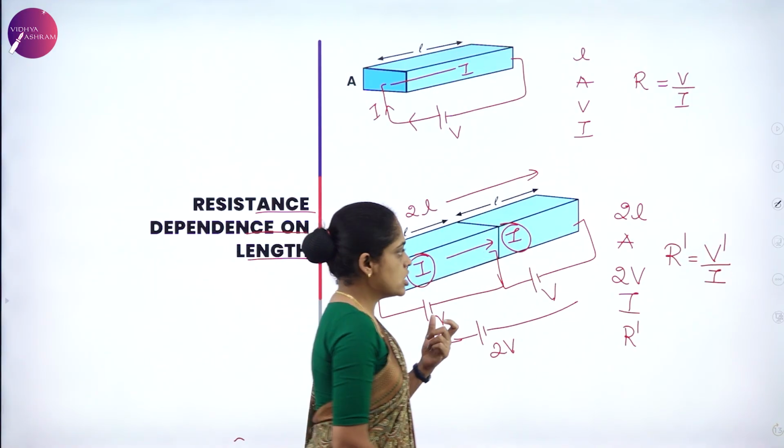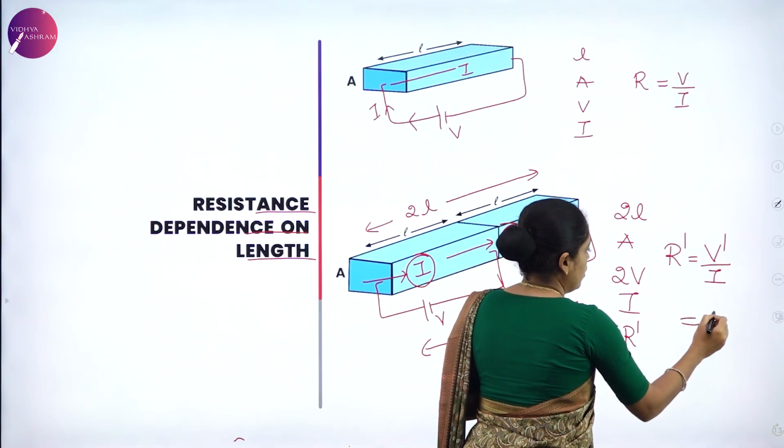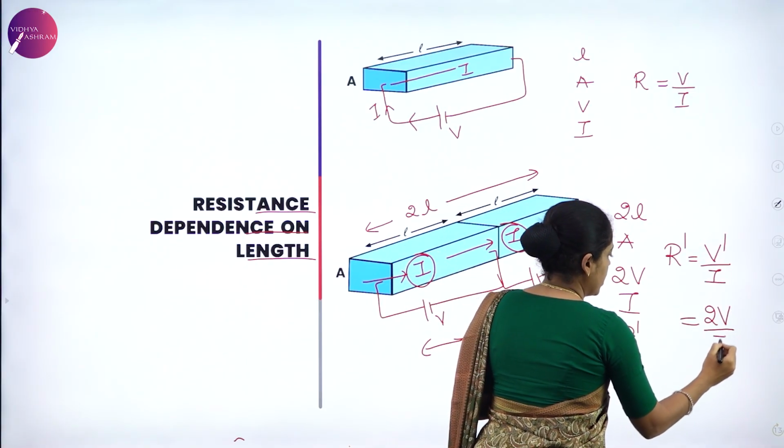Let us substitute V: it is 2V divided by I.